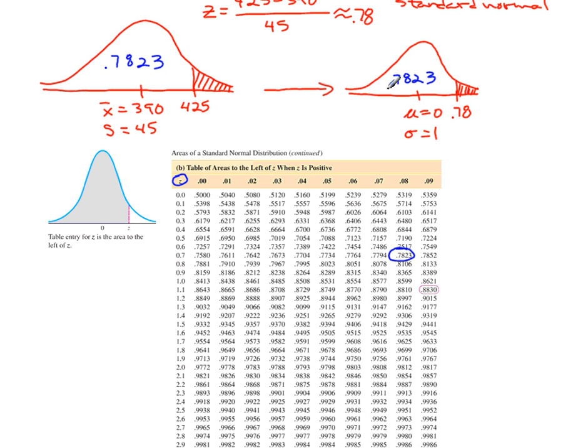If we remember, and hopefully we do, the area under the entire curve is 1, or 100%. So if we know this part represents 0.7823, the red shaded part would be represented by 1 minus 0.7823, or 0.2177.